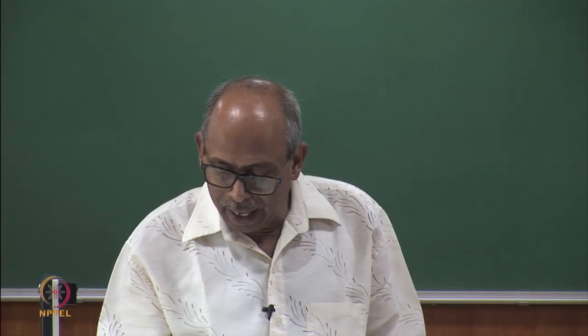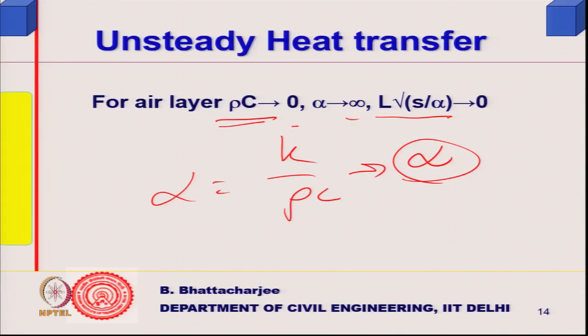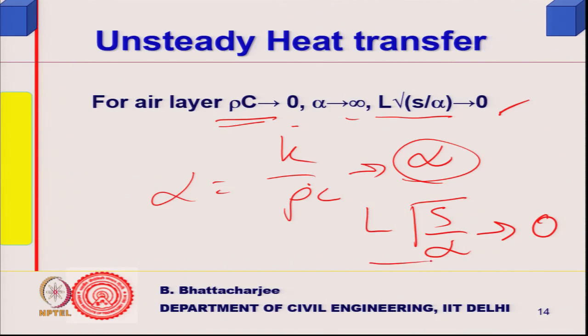And followed by it, L under root s by alpha will also tend to 0. Why is this needed?